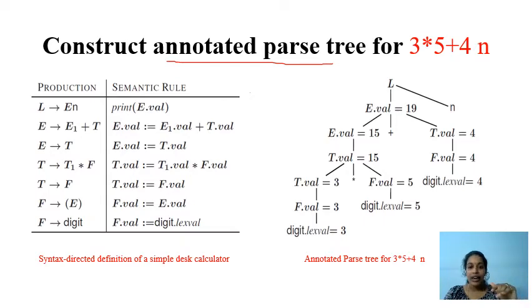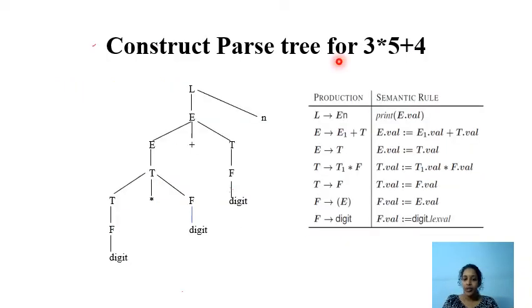First of all, we have to construct the parse tree for 3 star 5 plus 4. For that, we have to select appropriate productions from the given grammar. We start from L gives E n. This n is an end marker like our dollar in the previous examples. For this E, it takes a production E plus T. Don't confuse E and E1; both are the same.